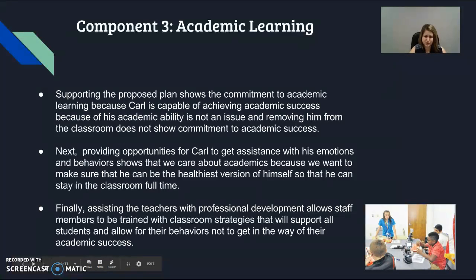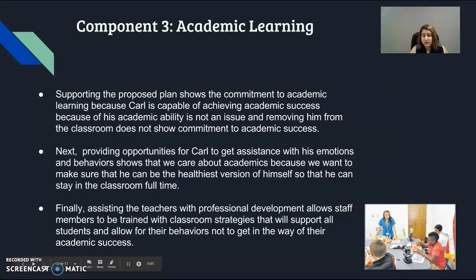And assisting the teachers with their professional development shows that we're committed to making sure that our staff have the most available professional development, so that they can be the best teachers they can be to support academics in the classroom. So making sure that social learning is intact and academic learning is intact, all of that is really important.